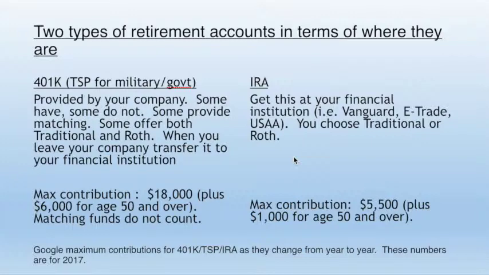I suggest you choose Roth because, again, all those gains in retirement are going to be tax-free and yours in your hand. The max contribution, again, in 2017 for an IRA is $5,500, and if you're over 50, you can add $1,000 to that. So if you're not in 2017, go ahead and Google what the maxes are because they do change from time to time.